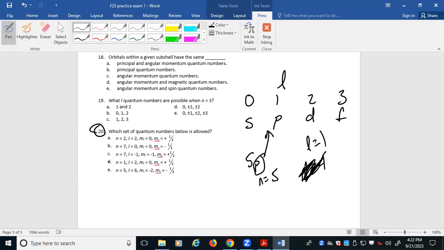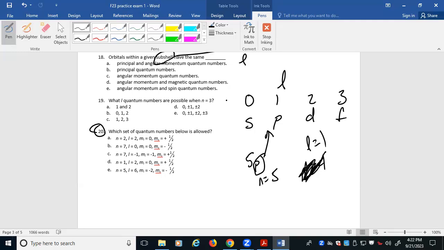So looking at questions 18, 19, 20 here, what can I say about orbitals within a given subshell? Well, if the subshell is given to us by L, then I know that at the very least, orbitals in that subshell are going to have the same energy and the same subshell.